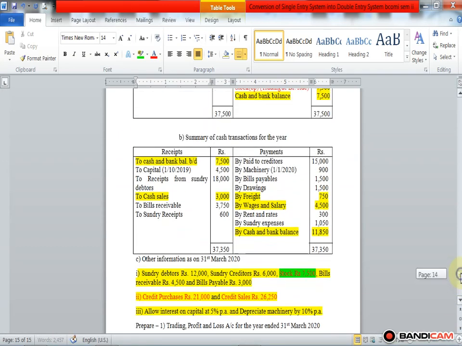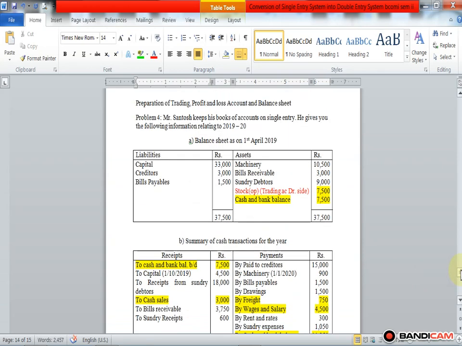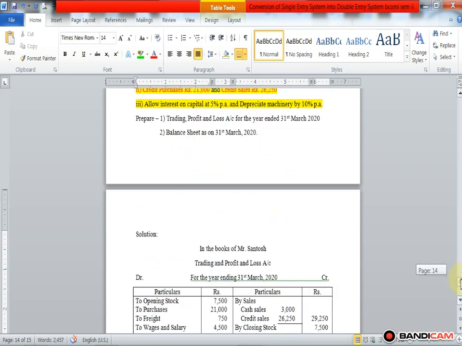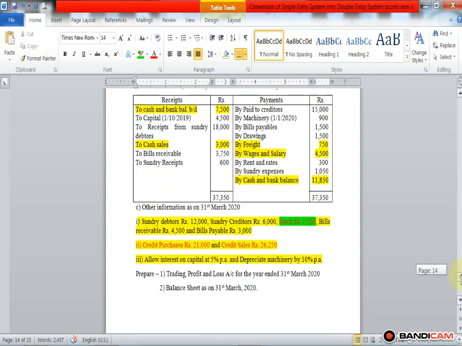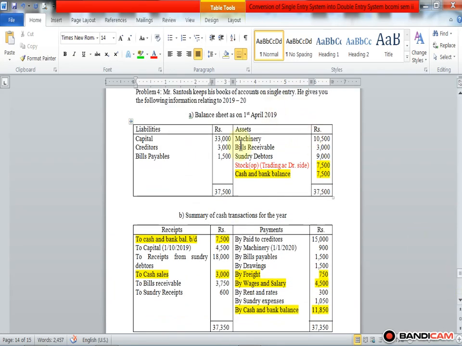Okay, then creditors. Creditors is transferred directly to the closing balance sheet. But here the creditors given is the opening balance. We need to transfer the closing balance of creditors to the closing balance sheet, so this amount is not taken into consideration.